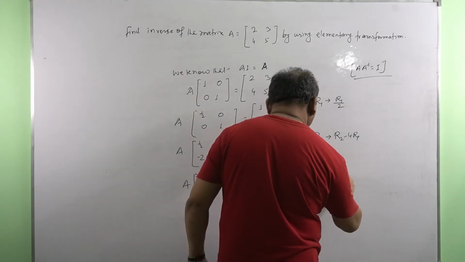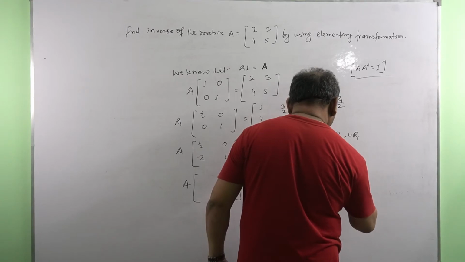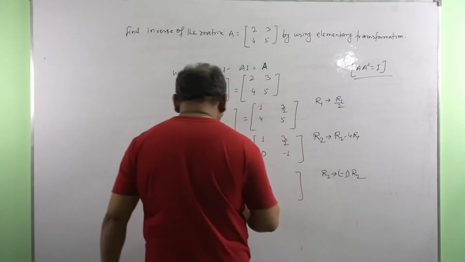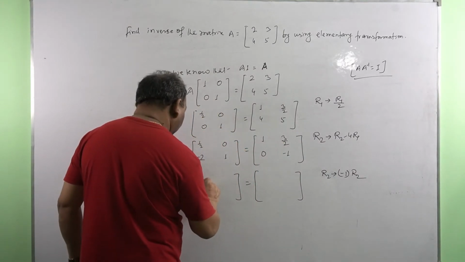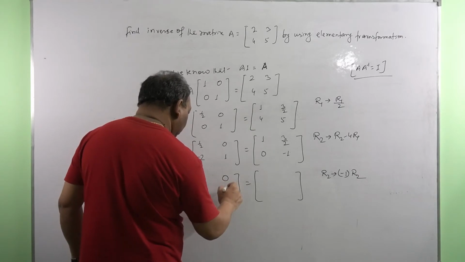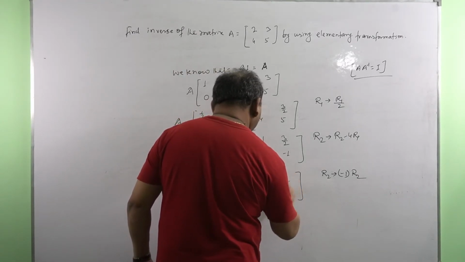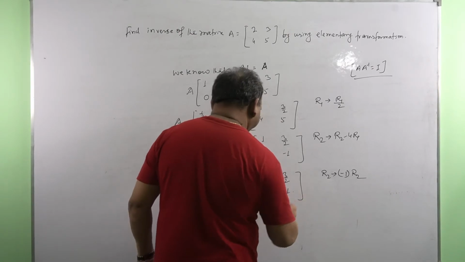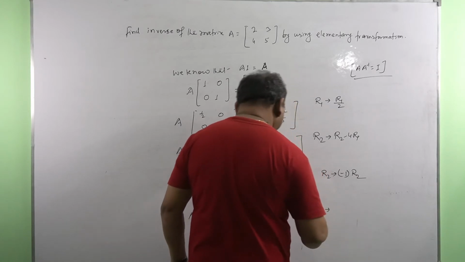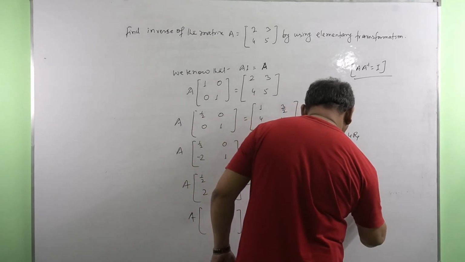Now R2 goes to minus 1 into R2. So 1 by 2, 0, and this will be 2, minus 1, and 1, 3 by 2, 0 and 1. Now R1 goes to R1 minus 3 by 2 R2.